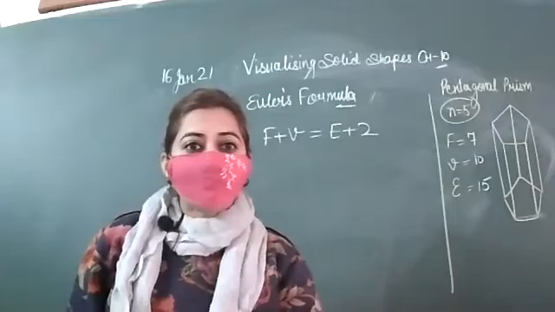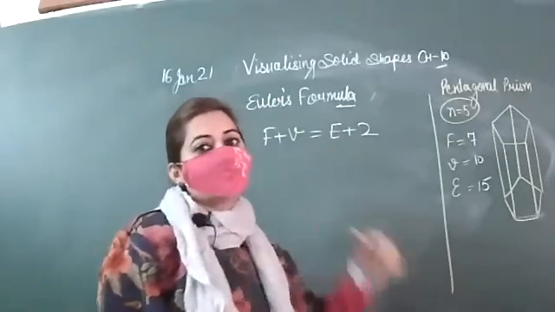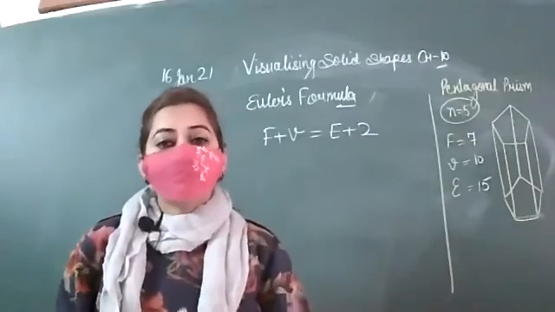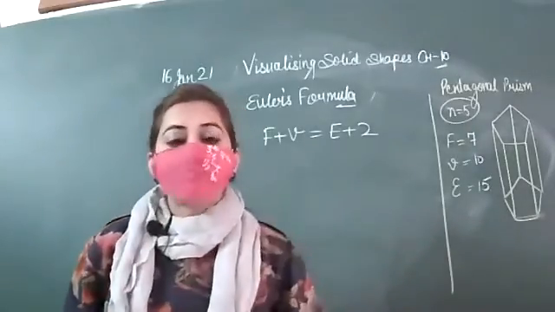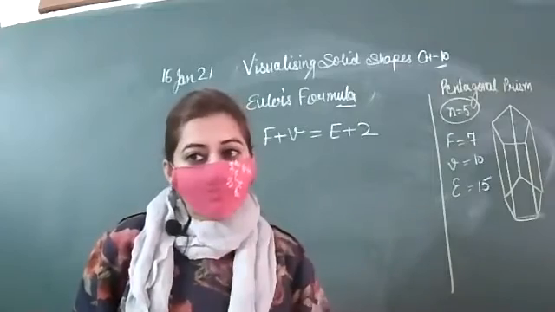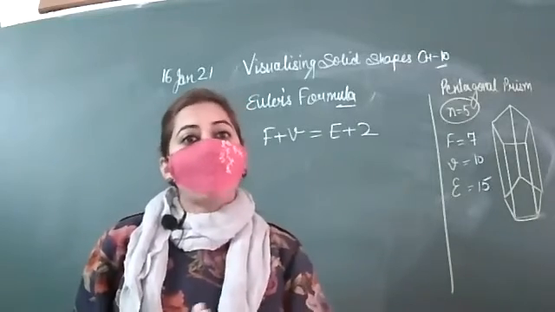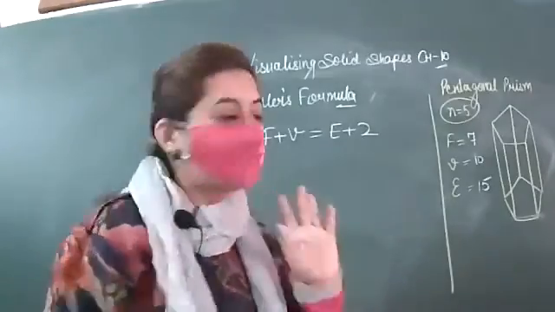If the figure is a polyhedron, then its faces, vertices and edges must satisfy this formula. And if the faces, vertices and edges satisfy this formula, then a polyhedron must be possible. That means it is possible for us to draw a polyhedron from those faces, vertices and edges.